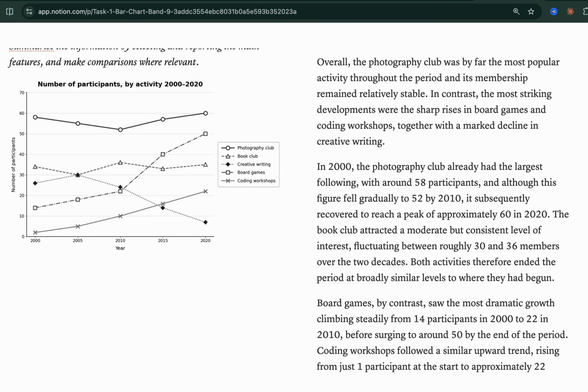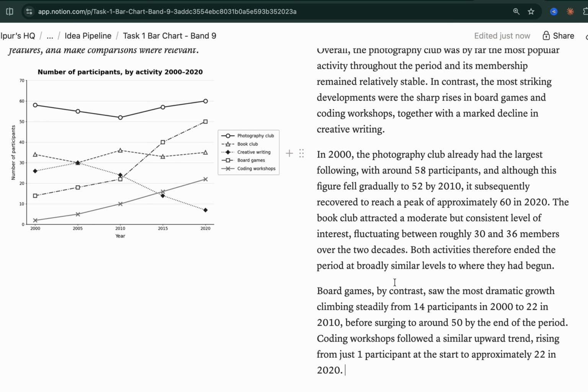So 22 in 2020. I'm done with coding workshops. It also increased over the period, and that was rather steady, unlike ball games, which experienced a sharp increase from 2010 to 2020.